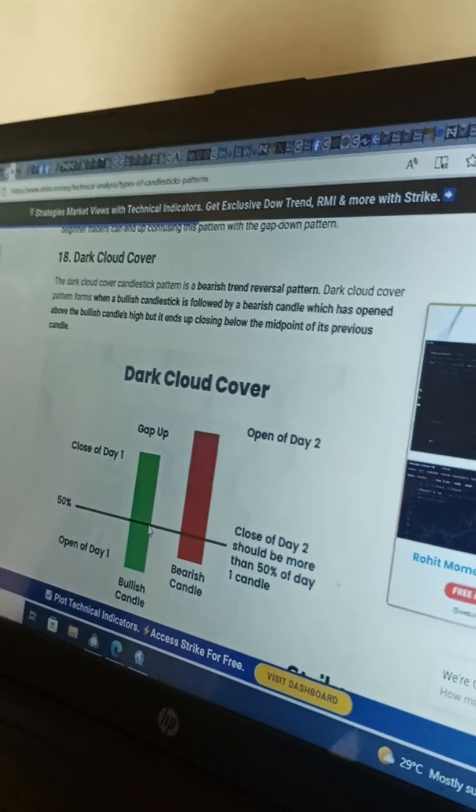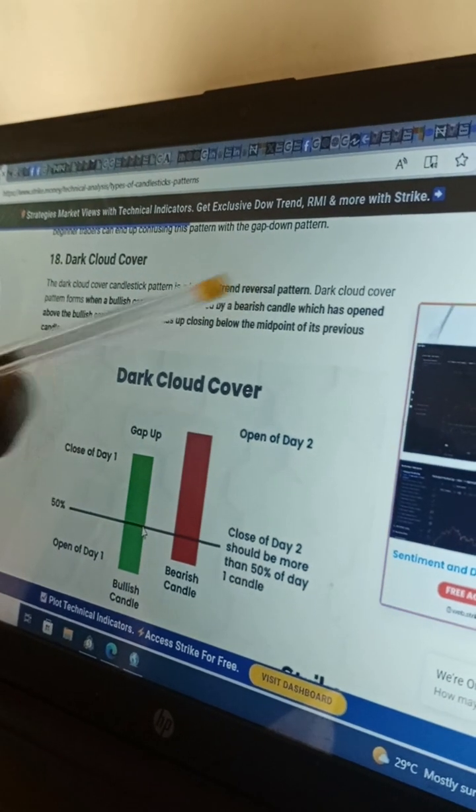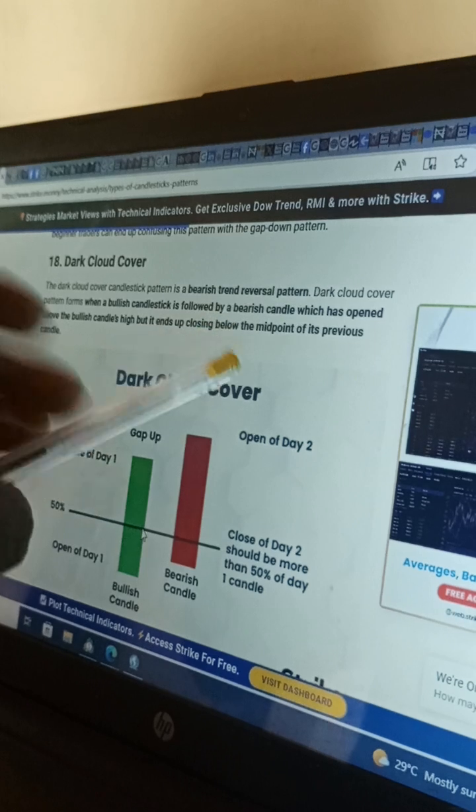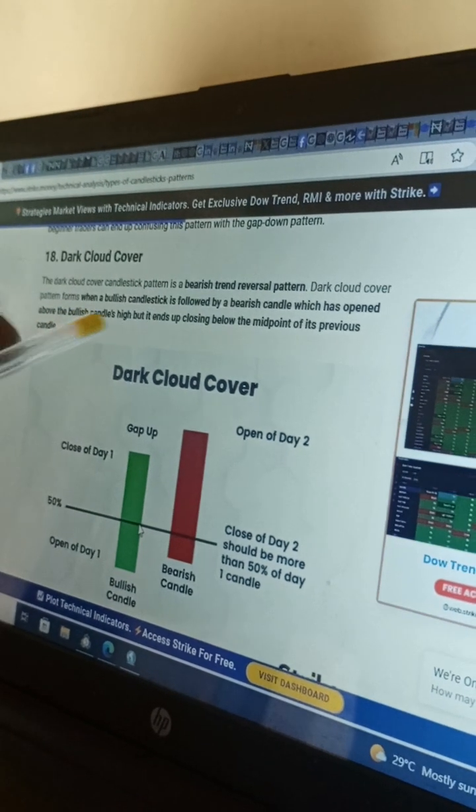Now, but look at this one. Dark cloud cover. Dark cloud cover candlestick pattern is a bearish trend reversal, which means we have already been in a bullish movement. The dark cloud cover pattern forms when a bullish candle is followed by a bearish candle, which has opened above the bullish candle high, but it ends up below the midpoint of the previous candle.